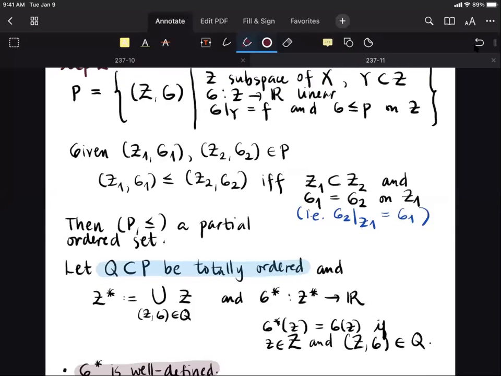The linearity of G star follows from the linearity of G. The fact that the restriction of G star on Y is equal to F follows from the same property for G. And one can also show that G star satisfies this inequality because G also satisfies the same inequality.